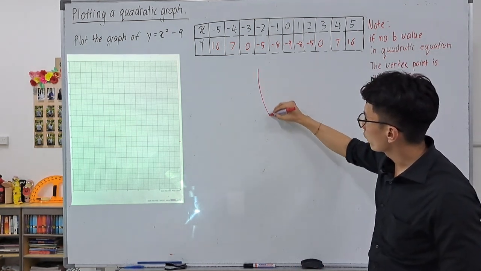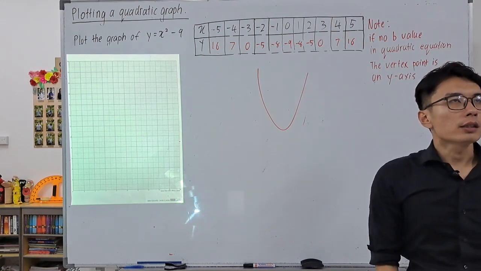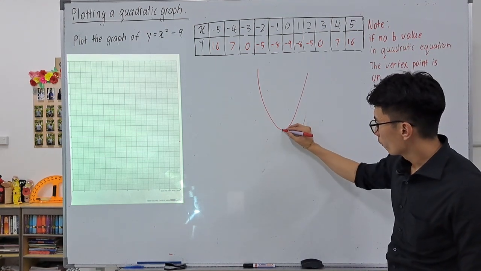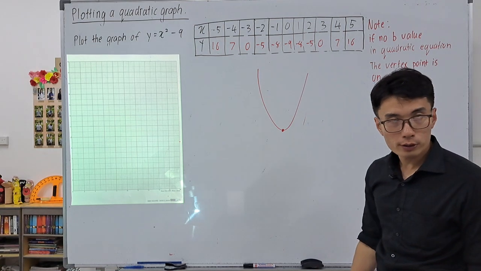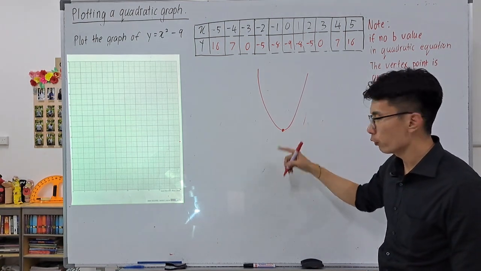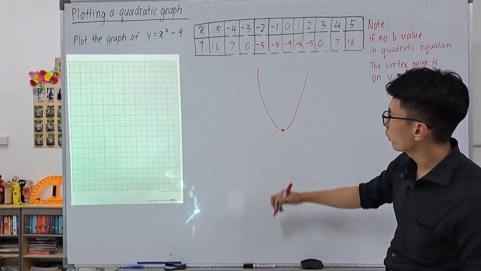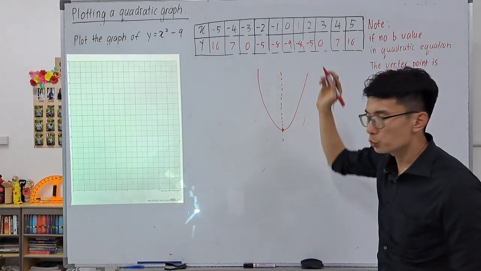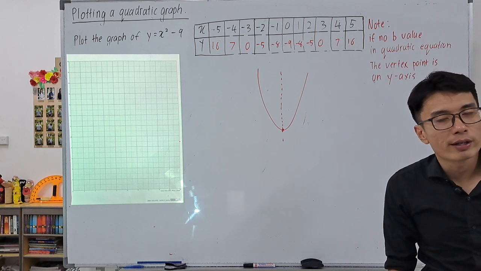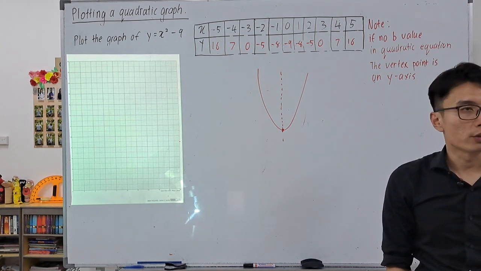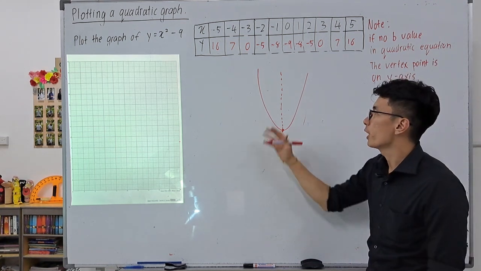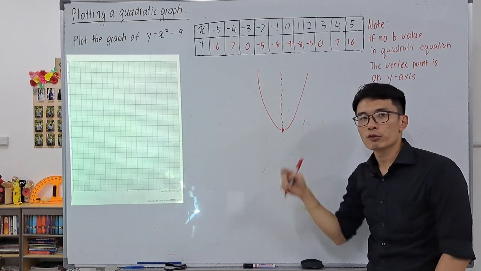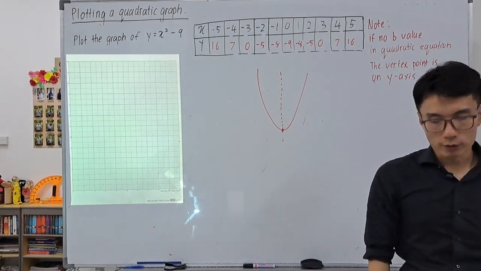This is basically showing us that in a quadratic graph, this is the vertex point again, the lowest point of the graph. A quadratic graph has a line of symmetry through the vertex point, which is telling you that the left side and the right side of the graph are equal.